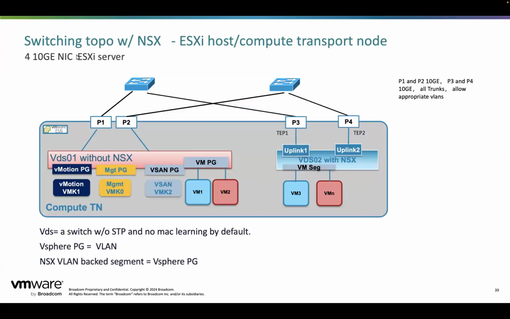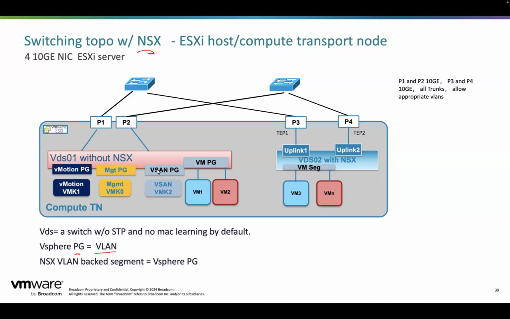When it comes to switching topology or different port types on NSX, we can see that we use different terminologies for similar functions. For example, we always use port group to indicate a VLAN.